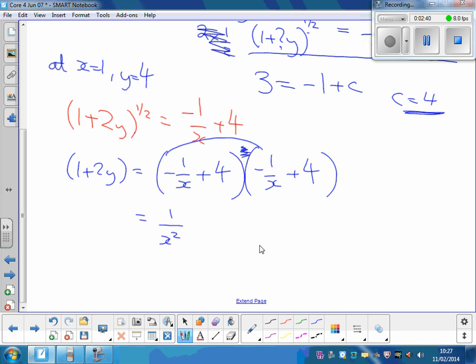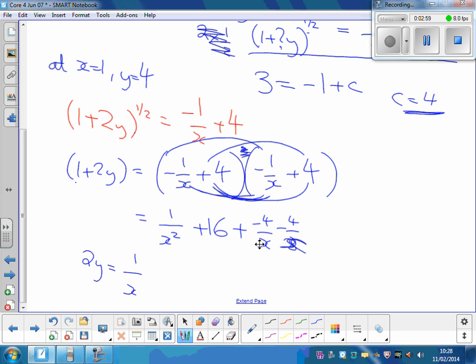We got 1 over x squared. 4 times 4 does indeed give 16. But in the middle, you've got minus 4 over x and another minus 4 over x. And so the grand total, and we're going to take away the 1 from both sides now as well, gives me 1 over x squared minus 8 over x plus 16, take away the 1, is 15.